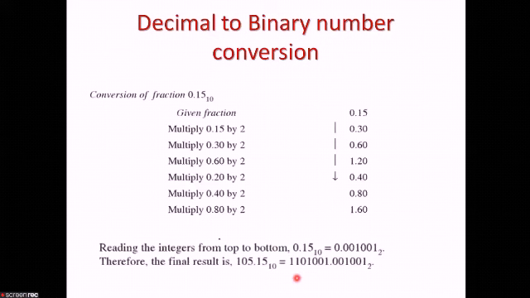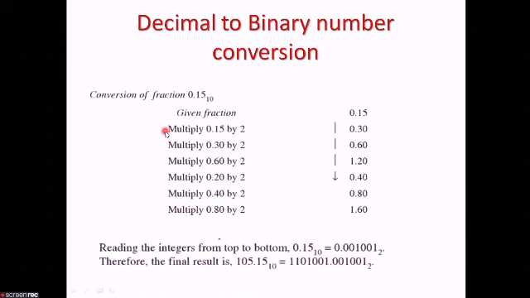Next is the fraction 0.15. Now what do we have to do? Already we know that we have to multiply the given fraction by 2, keep the integer in the product as it is, and multiply the new fraction in the product by 2. We continue this process and read the integers in the products from top to bottom.